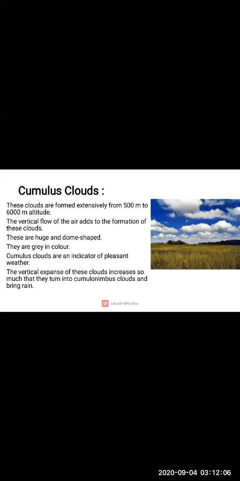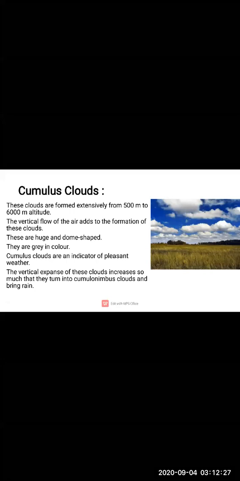These clouds are an indicator of pleasant weather. So, children, when we observe a pleasant atmosphere, we observe cumulus clouds in the sky.